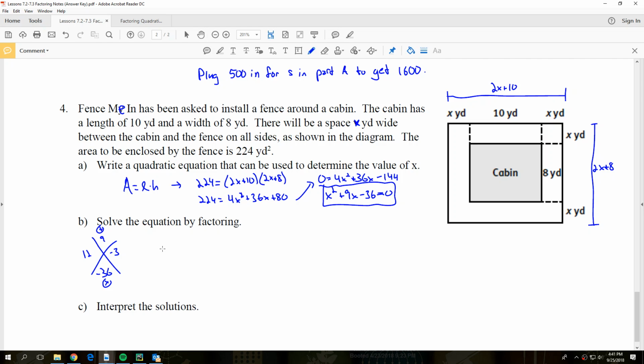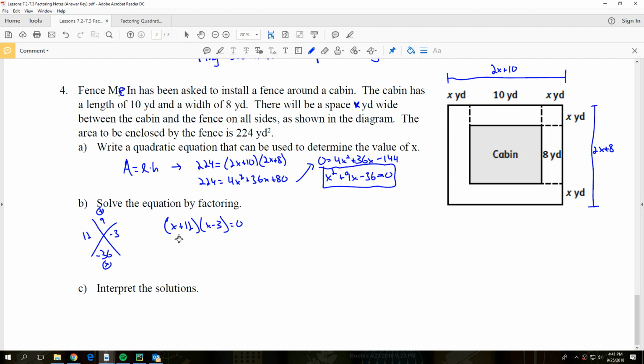Which means that since our coefficient in front of the x squared is 1, we can go straight to x plus 12 times x minus 3 is equal to 0. And we're going to go ahead and solve. So setting both these equal to 0 would be x is equal to negative 12 and x is equal to positive 3. So this one is good, and this one is no good.